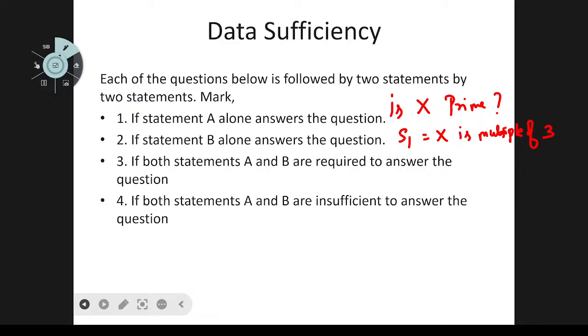Statement 2 says that x is between 5 and 7. Let's see.